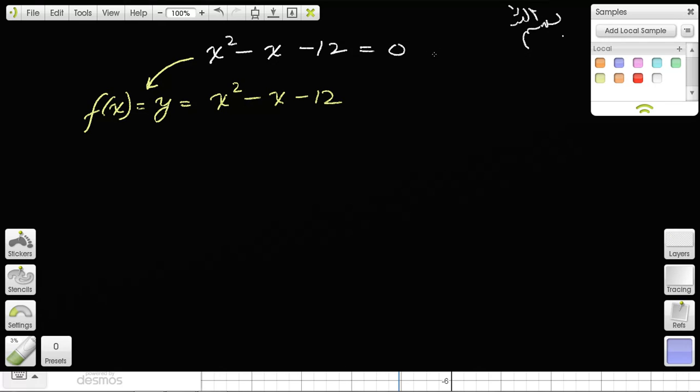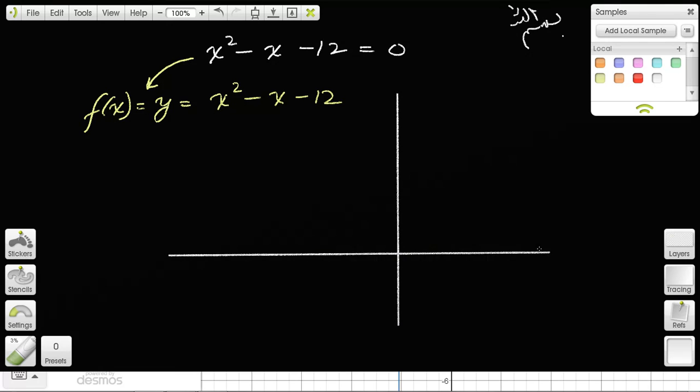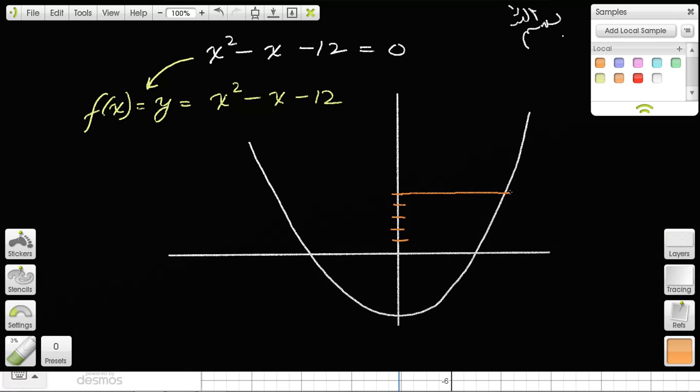Now, the difference between a function and this is, if you look at any parabola, for any domain, there's a certain range. So there's a certain y value that corresponds to any given x value.